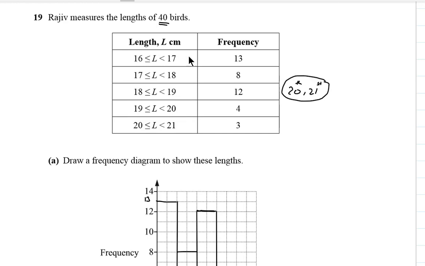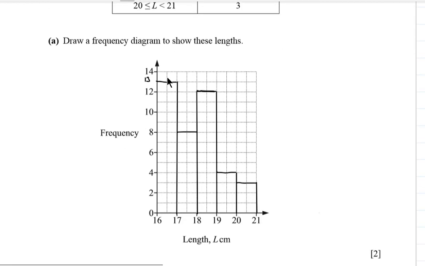If we look at the first group, it contains the first 13 birds. If we add the second group, which has 8 birds, their sum will be 13 plus 8 is 21, right? So the 20th bird is here in the second class, and also the 21st bird is here. So the median class or the median group is this group, 17.